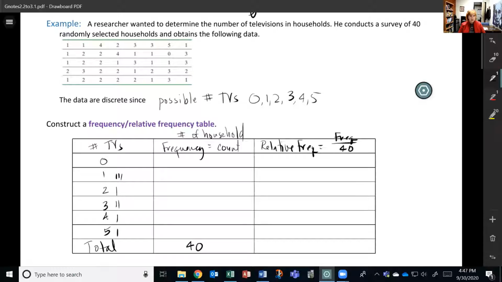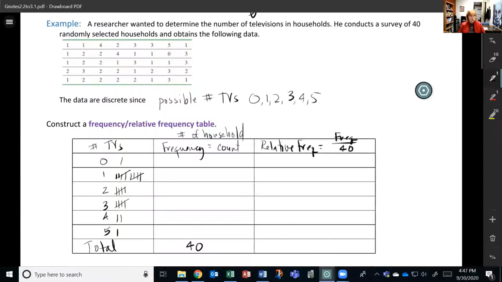Next row, I got 1, 2, 2, 4, 1, 1, 1, 0. I got that one. 3. And then the next one, I got 1, 2, 2, 1, 3, 1, 1, 3.